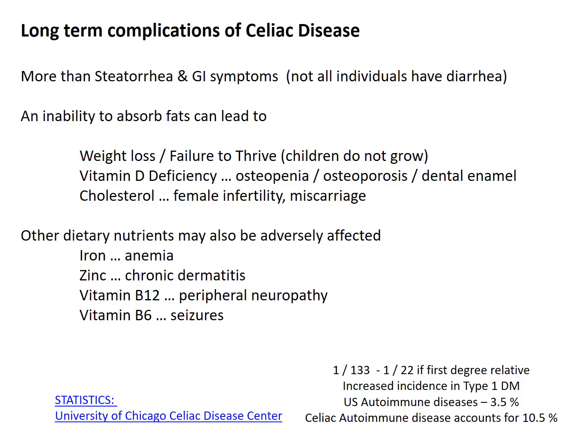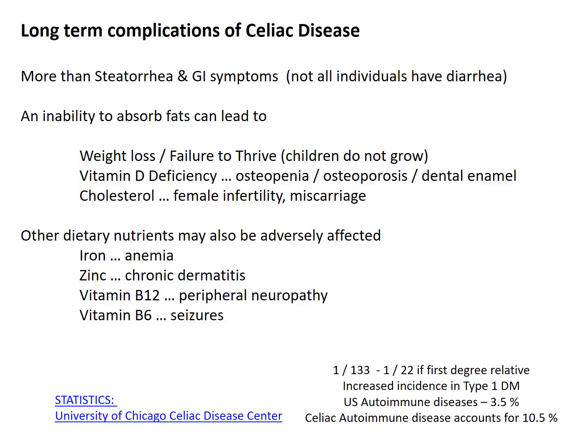And then again, from a lack of absorption of other dietary nutrients, other adverse effects can occur, such as iron deficiency anemia, zinc deficiency dermatitis, B12 deficiency anemia and peripheral neuropathy, and B6 deficiency seizures. So if you look up celiac disease, University of Chicago Celiac Disease Center, you can read more on the epidemiology of this if this is something that you're interested in.